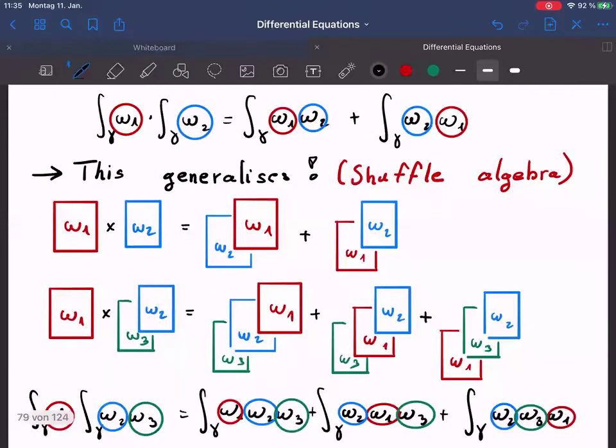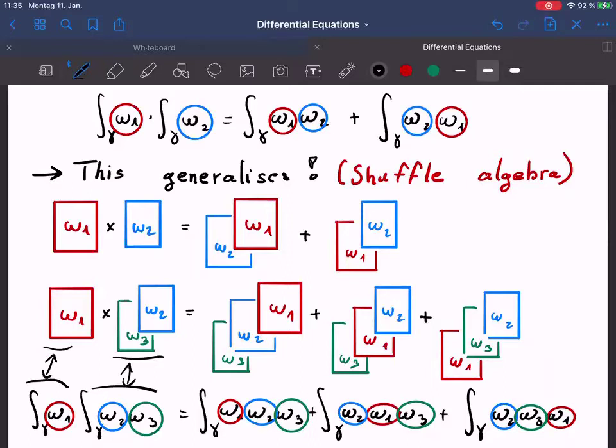For example, if you have the integral of omega 1 times the integral of omega 2, omega 3, you have one deck of cards here, which just has one card, omega 1. The other deck has two cards in a certain order, so omega 2 lies on top of omega 3.